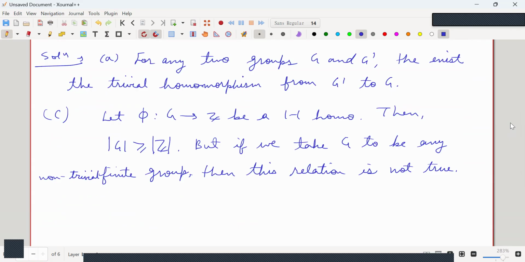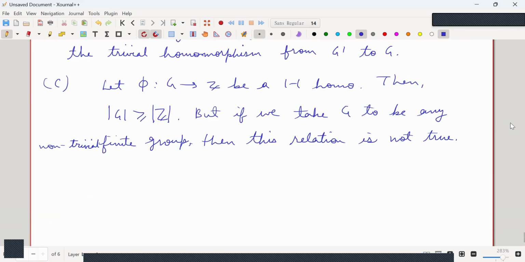Well, this is from G to Z, so I'm making some mistake. It should be the other way around. Right, thank you. So in Z, there should be at least order G many elements, right?